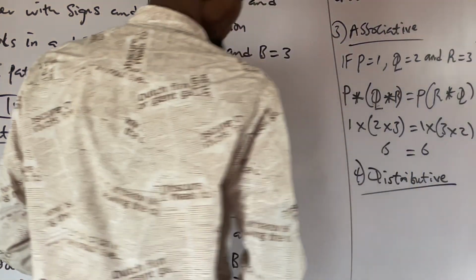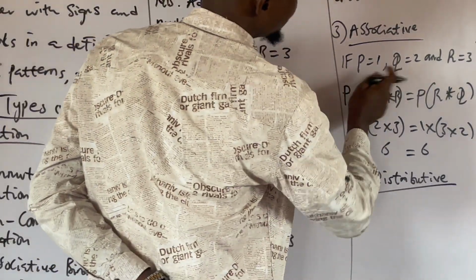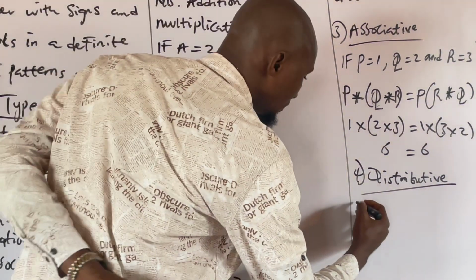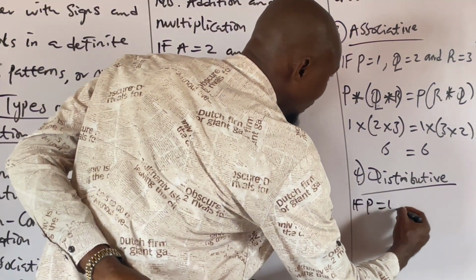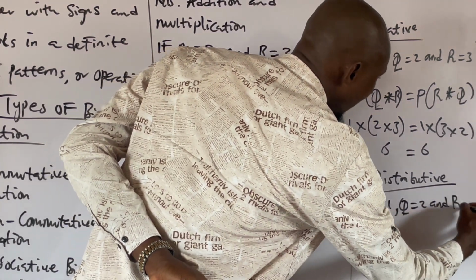Example: let's use P, Q, R again. If P is equal to 1, Q equal to 2, and R equal to 3.